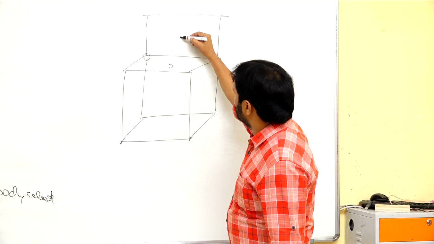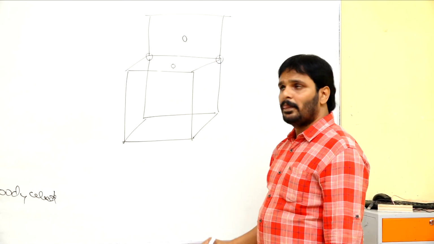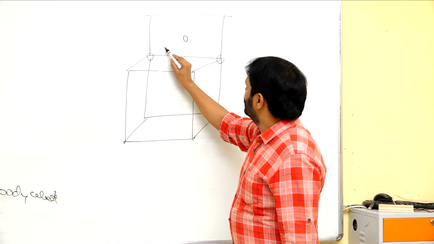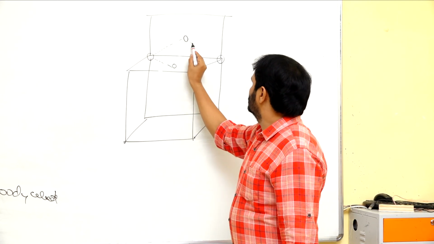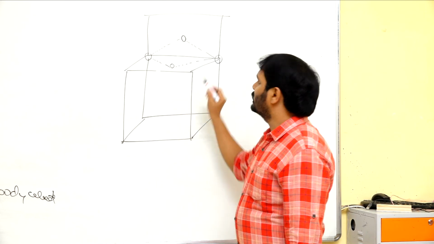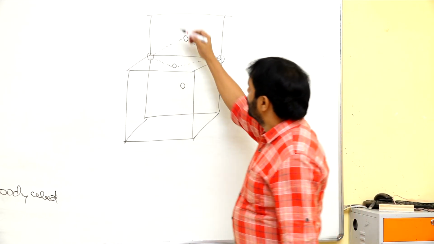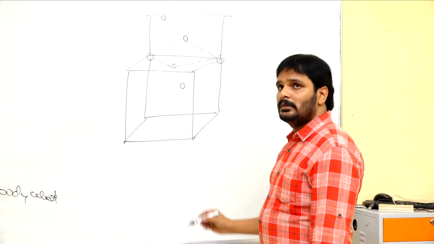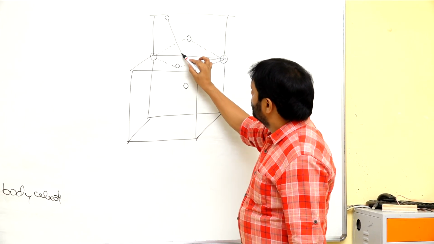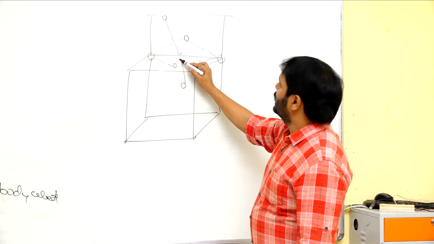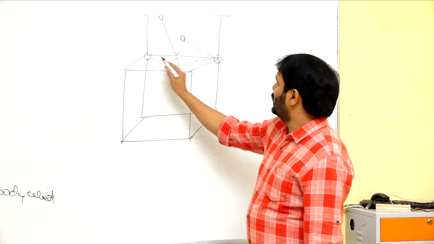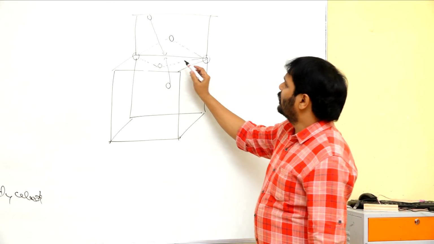There also you have one face atom. So I can join all these four. Then this is the square planar. Then here one more face center atom, and here also one more face center atom. So all these things making one hole. Total 6 atoms now, making one hole.